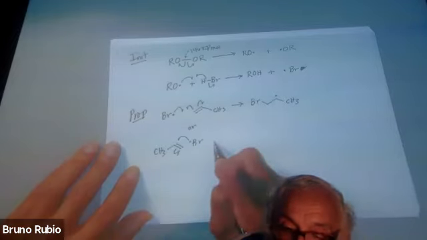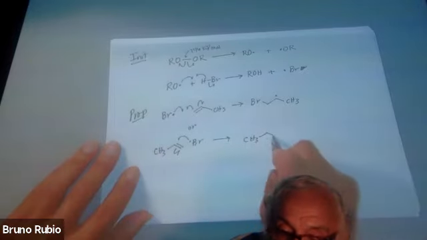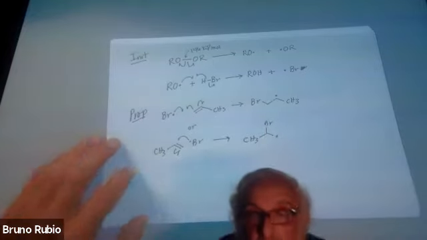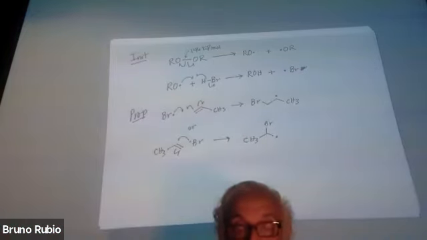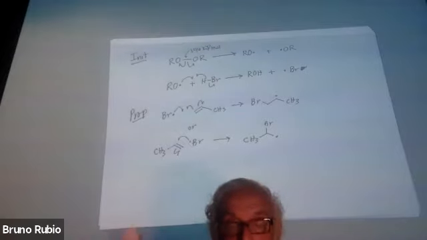Like that. So what's happened here is that the pi bond of the double bond has been degraded to a single bond. At one end of where the double bond used to be, we have Br, and on the other end we have a radical center.